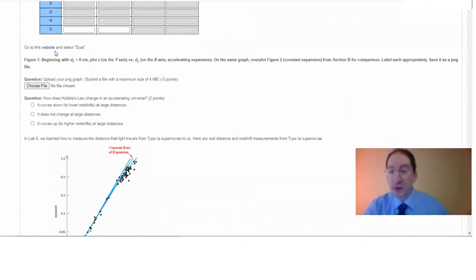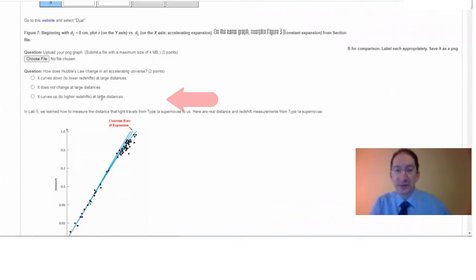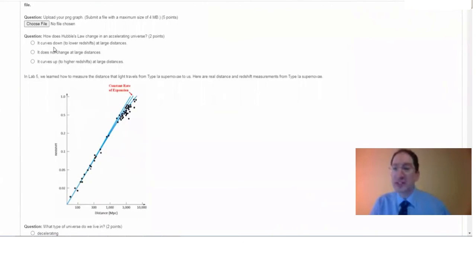And again, you'll overplot Hubble's law in a constantly expanding universe for comparison. You'll save that, upload it to WebAssign here, and it asks you how Hubble's law changes in an accelerating universe. Again, it curves down at large distances, it does not change at large distances, or it curves up at large distances.